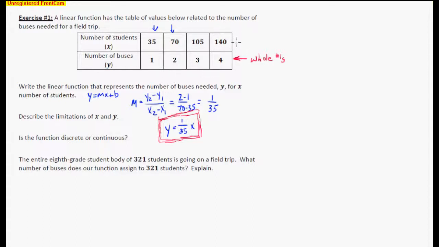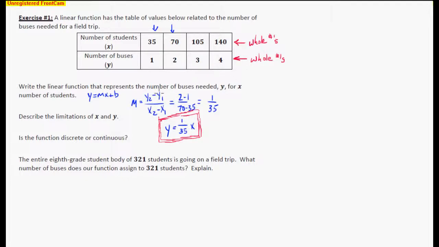All right, and what about this number up here? Well, number of students. Those very well couldn't be negative, and also they couldn't be fractions either. You can't have half a student or 3/4 of a student. So I'm going to say, well, these are going to have to be whole numbers as well. Oh, that's a terrible S. Look at that one. All right, whole numbers.